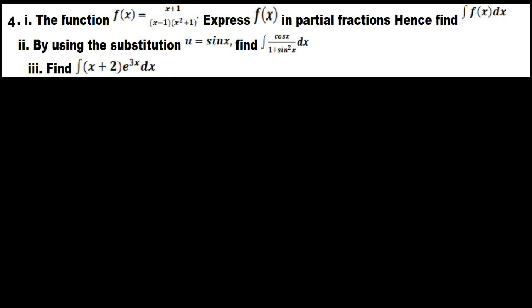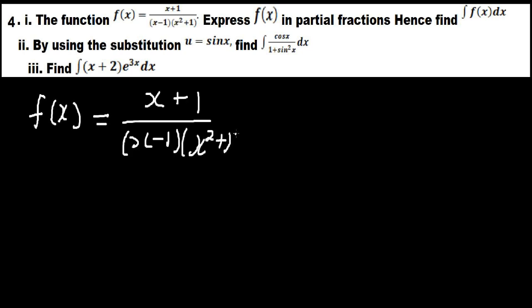So, now let's begin. The first part says that we should express f of x in partial fractions. So we know that our f of x is equal to... now to express this in partial fractions, we know there are rules guiding functions.